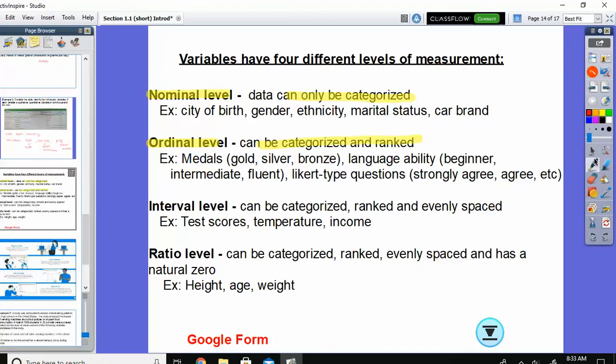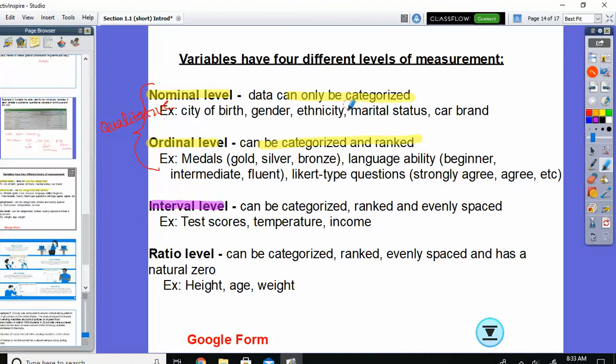Typically, these two types of data, the nominal and ordinal, this is qualitative data. So not something that's dealing with a number, just something that's categorized. Then our quantitative data, we can do a little bit more with it.